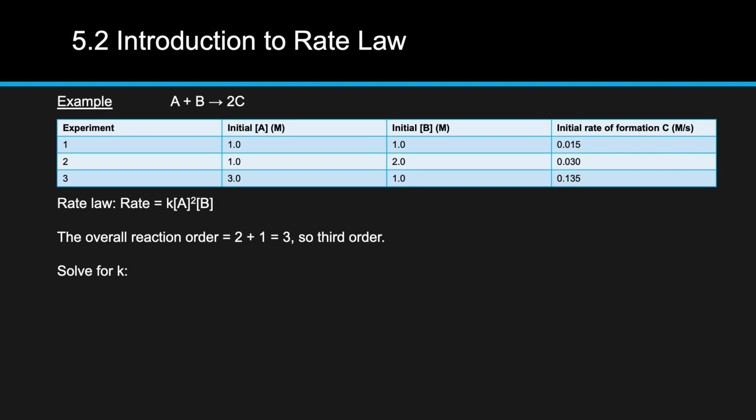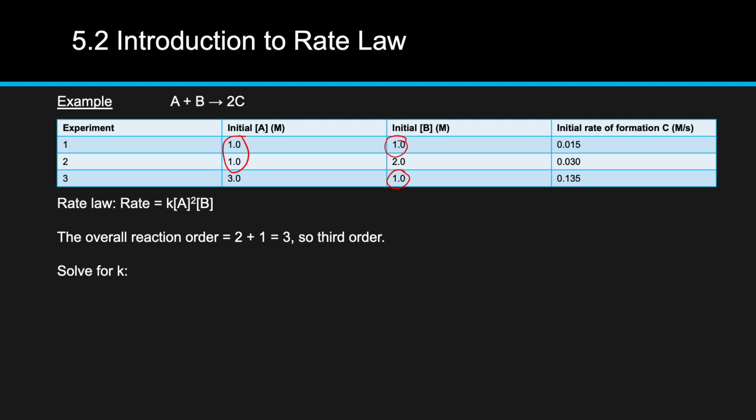All right, so let's take a look at this example with A plus B reacts to form 2C. Looking at the data in the table, we can see that there are 2 experiments with the same value for A and 2 experiments with the same value for B. So when they have the same value, that means the concentration is being held constant.